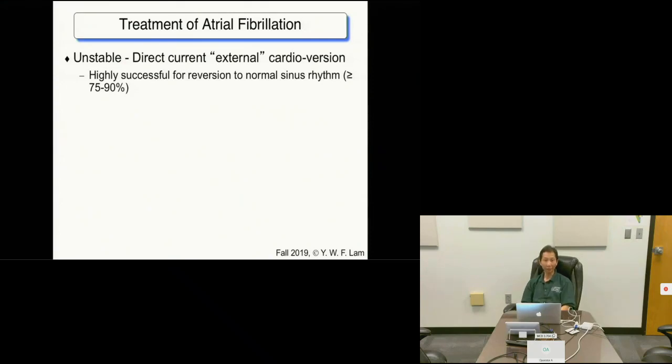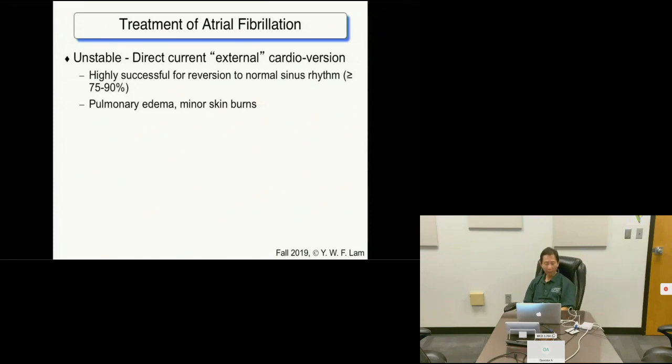What it does is basically apply some sort of electrical energy to the patient in order to shock the patient back into normal sinus rhythm. And it is extremely effective. It is highly successful for reverting them back into normal sinus rhythm. You're talking about anywhere between 75 to 90% response rate.